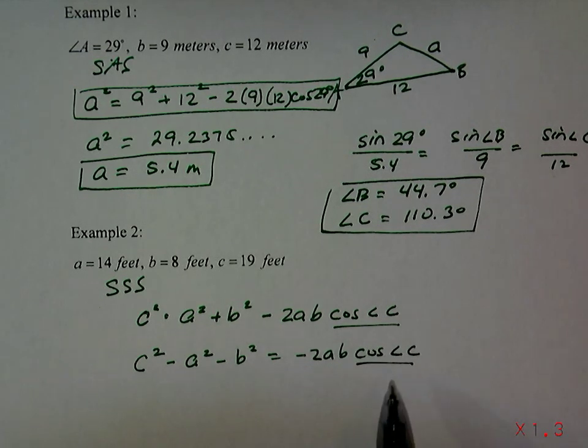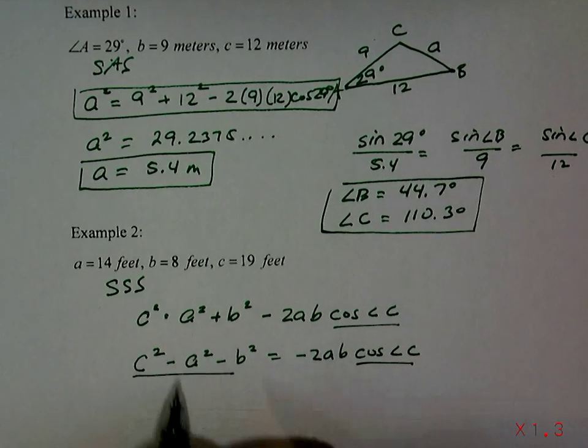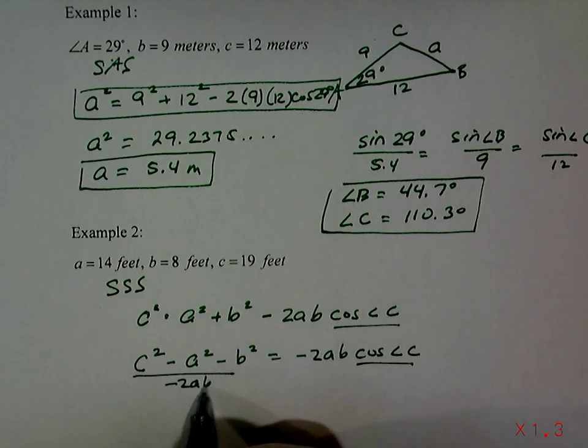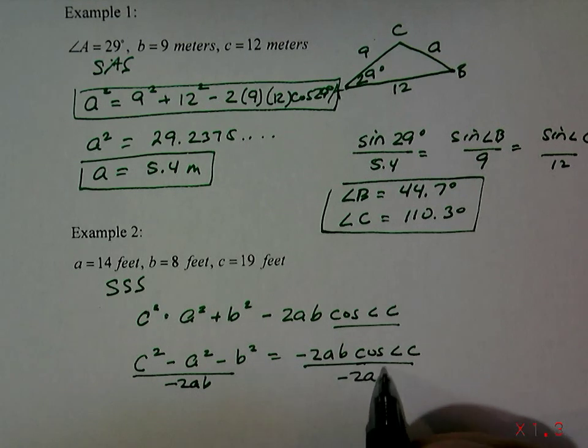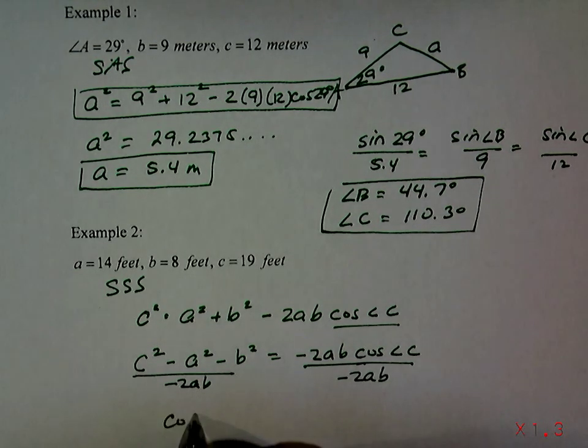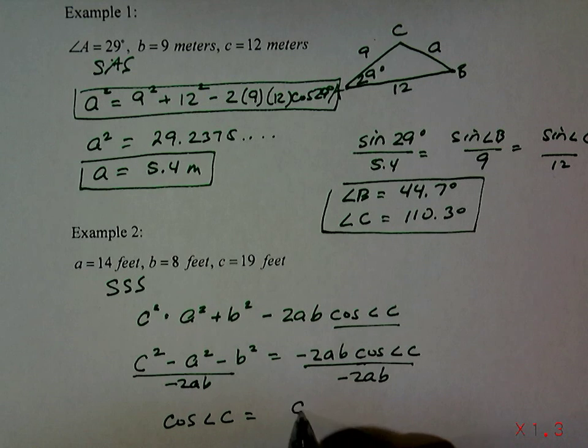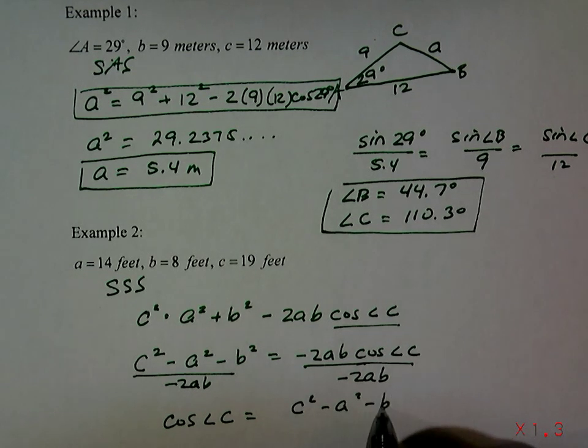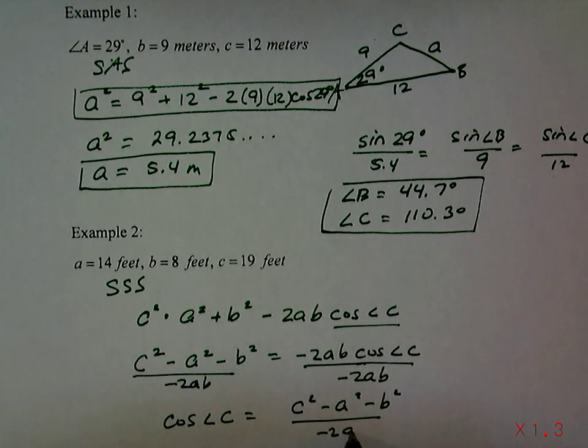Once again, I'm trying to isolate cosine of angle C. Negative 2 times A times B is being multiplied by cosine angle C, so I'm going to have to divide by that. So I get cosine of angle C is going to equal C squared minus A squared minus B squared over negative 2AB.